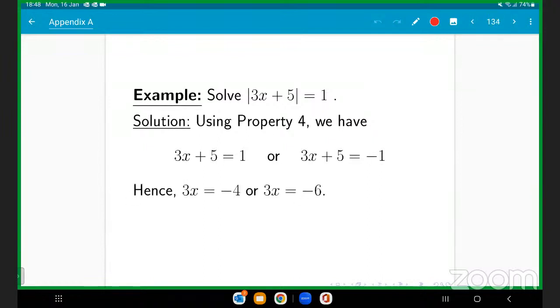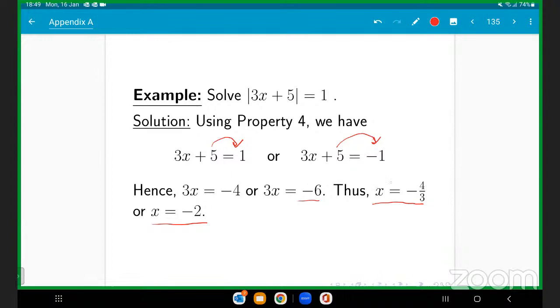Then it's a simple matter of solving these two equations in the usual manner. For the first one, we take the 5 over and divide by 3. In the second one, we do the same thing by taking the 5 over; however, there we have a minus 6. Then solving for x, we get two solutions: x is minus 4/3 or x equals minus 2.